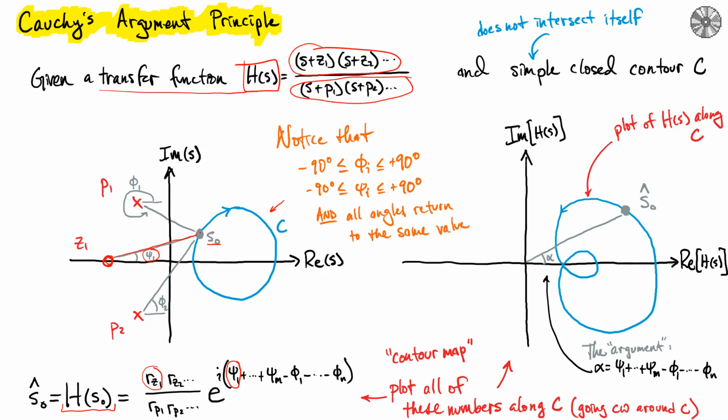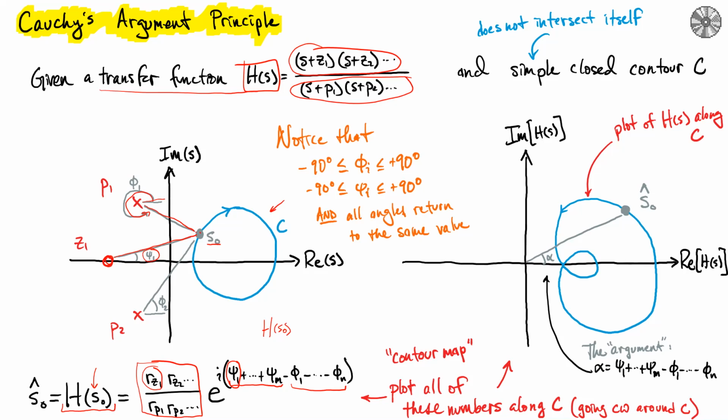Just like we showed in root locus, these magnitudes multiply: all the zero magnitudes multiply in the numerator, all the pole magnitudes multiply in the denominator, and that produces the overall magnitude of the transfer function evaluated at this S0. The phase of the complex number represented by H of S0 is the sum of all the zero angles minus the sum of all the pole angles. Again, these angles are always measured from the horizontal, from these poles to the line that extends to that test point.